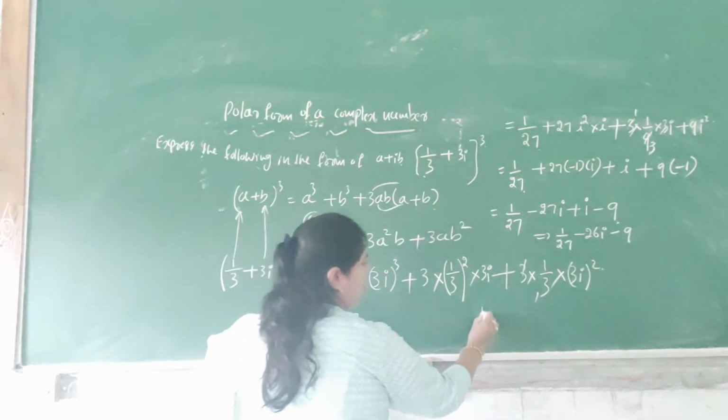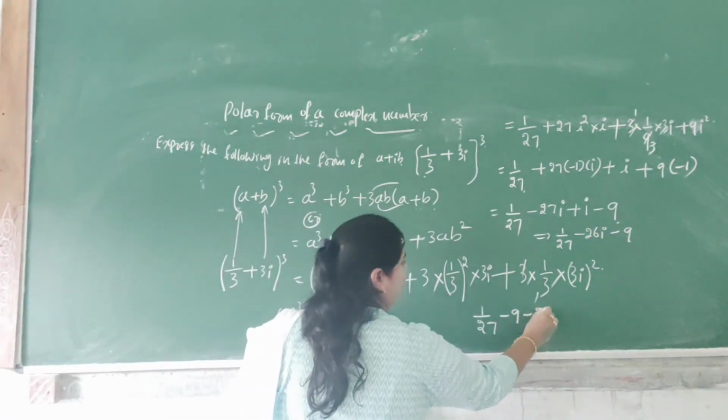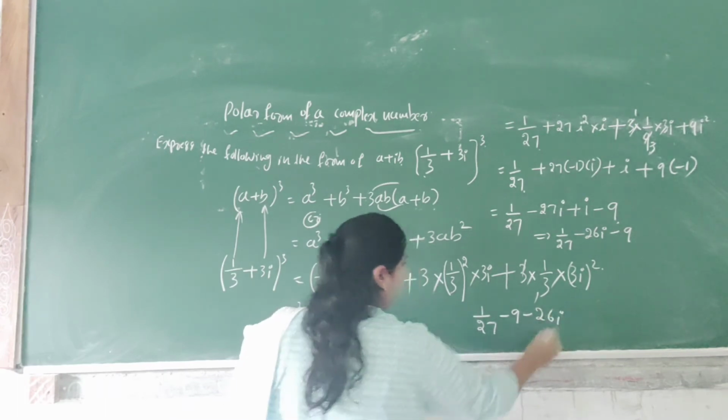So real part we can separate: 1/27 minus 9, and minus 26i.